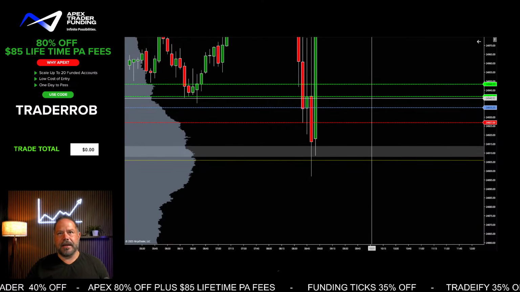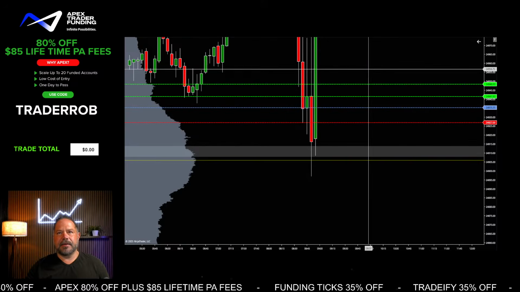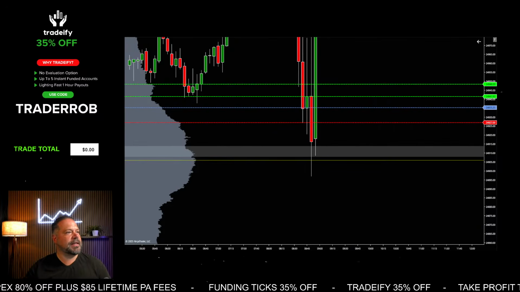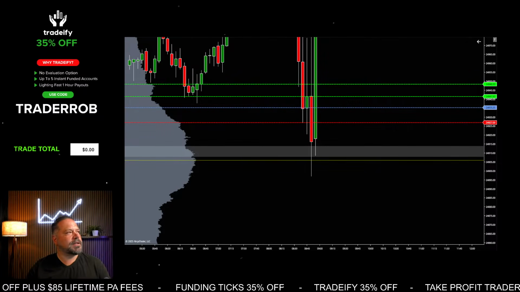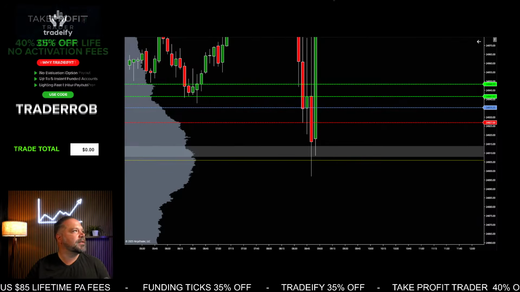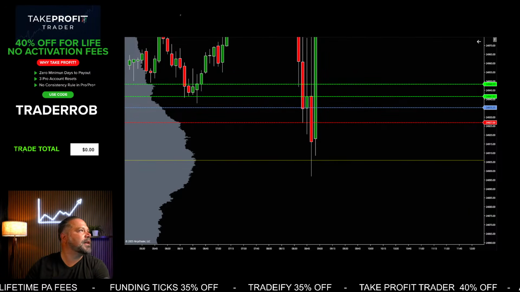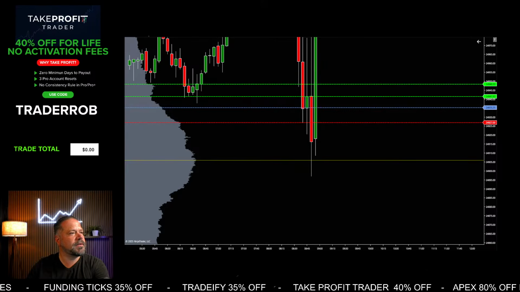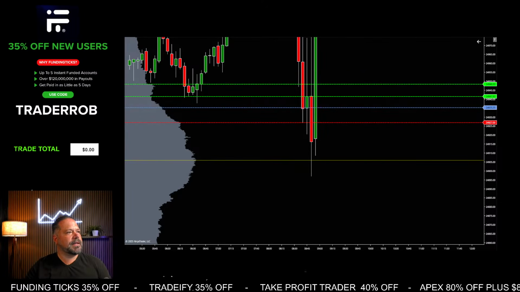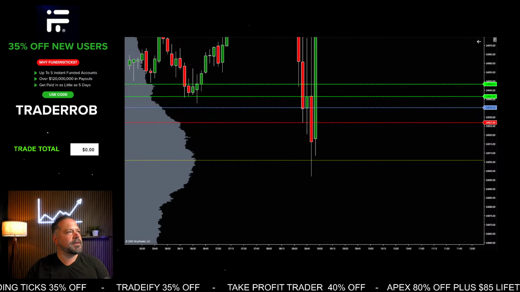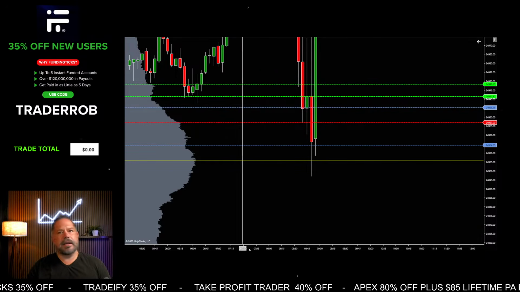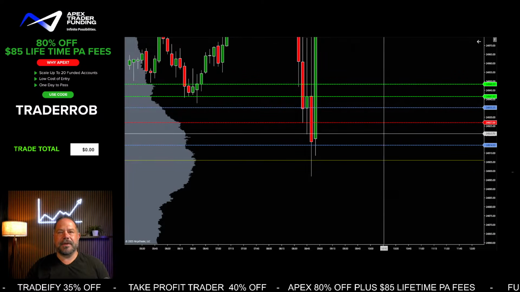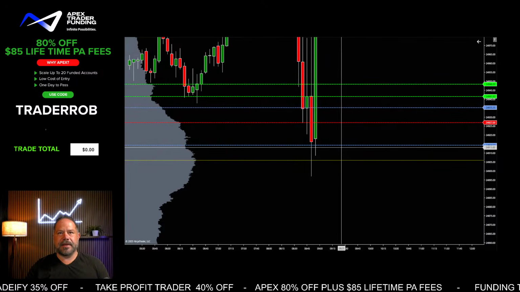I'm not going to be looking right now necessarily for my TPs, because I would want to see what price action does here, but I am going to identify the actual entry, which should be sitting, get rid of this, and our entry is going to be sitting right here, at the 24,914.